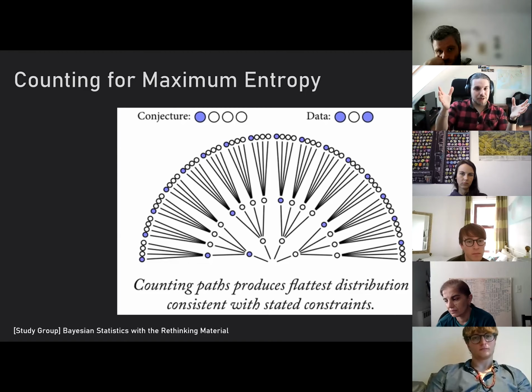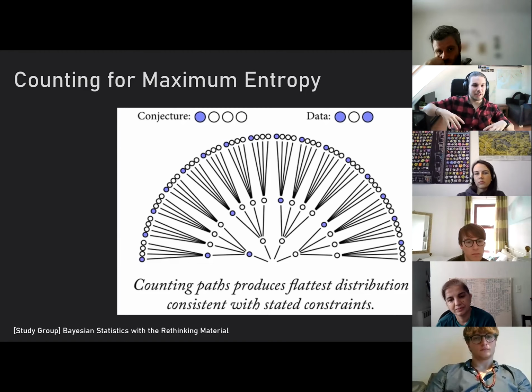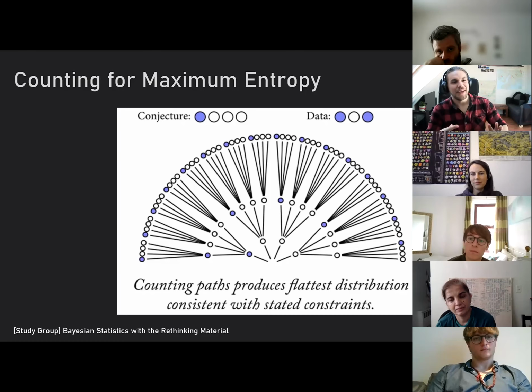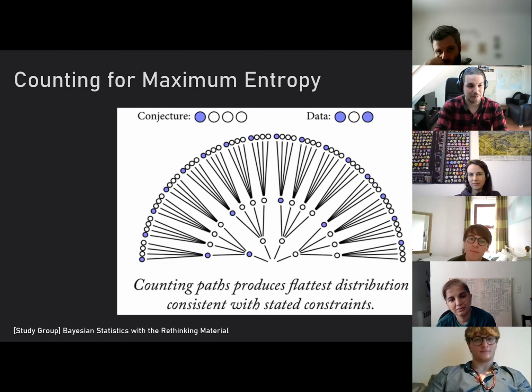Taking a step back, because I can feel myself sounding a bit like a conspiracy theorist here, pointing to a diagram like this. It will all make sense in a second now.